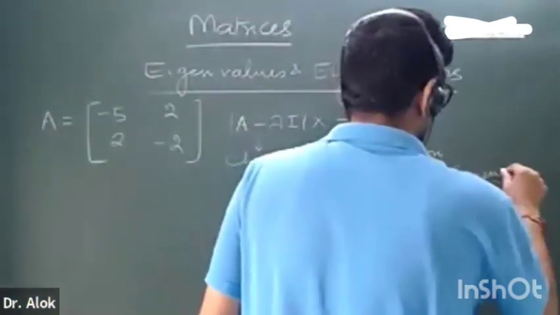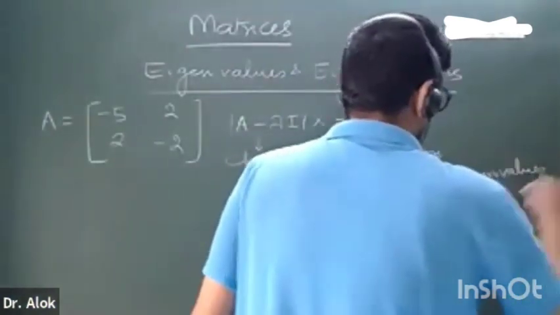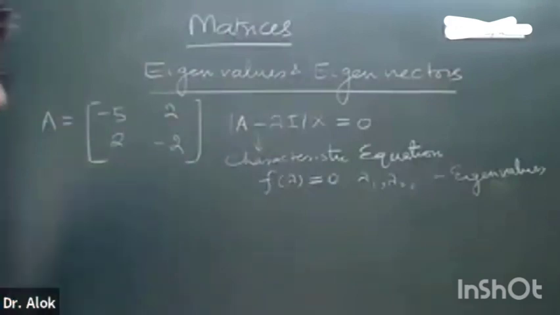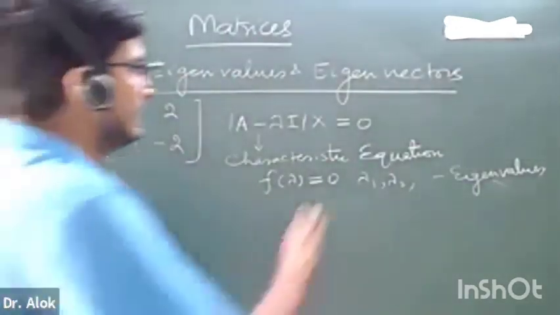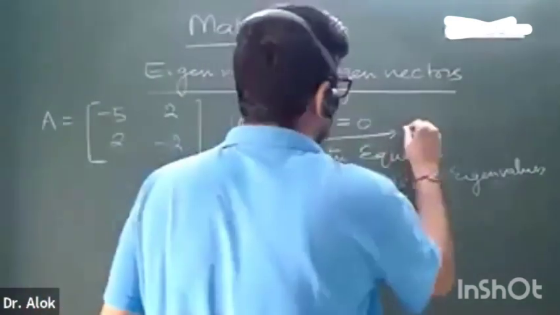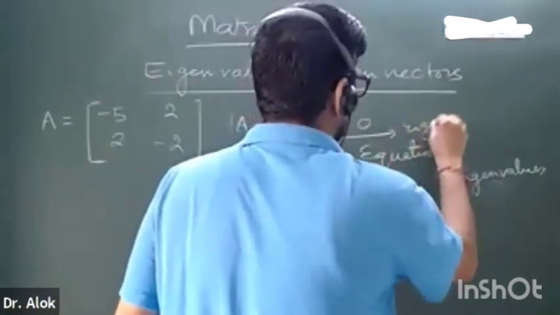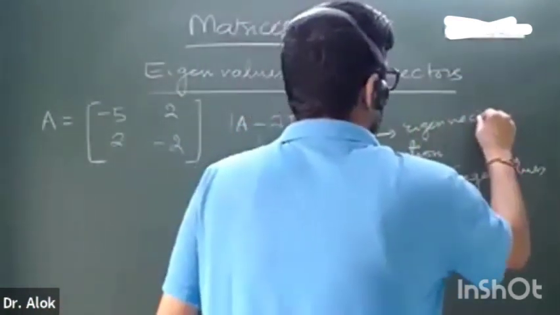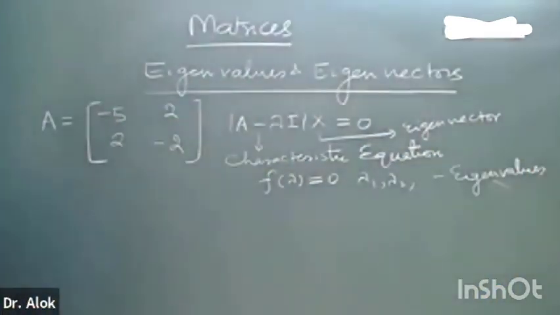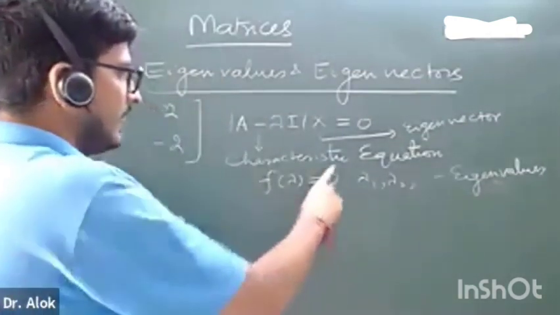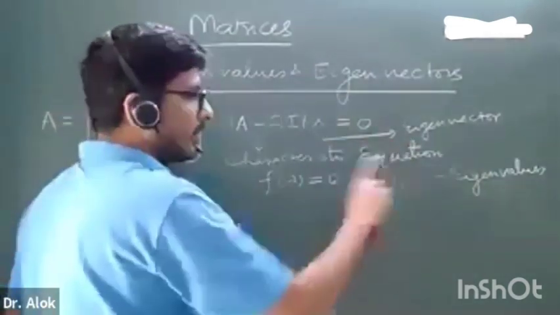I told you in the last class. So we calculated the eigenvalues, and this capital X was the eigenvector. So now what we have to do is calculate the eigenvectors corresponding to the eigenvalues.